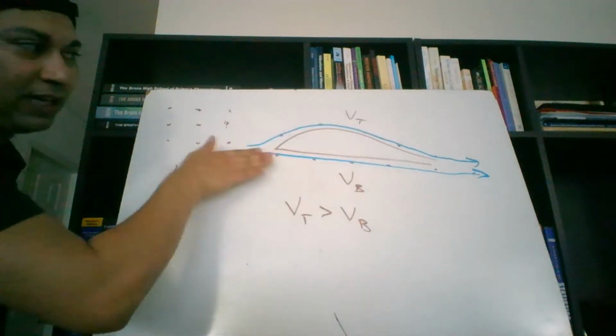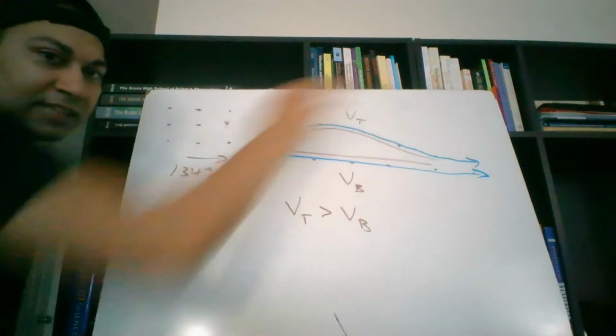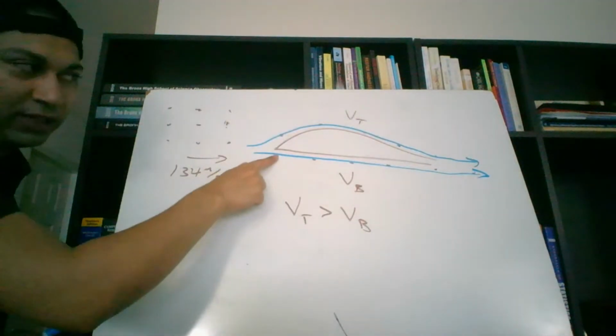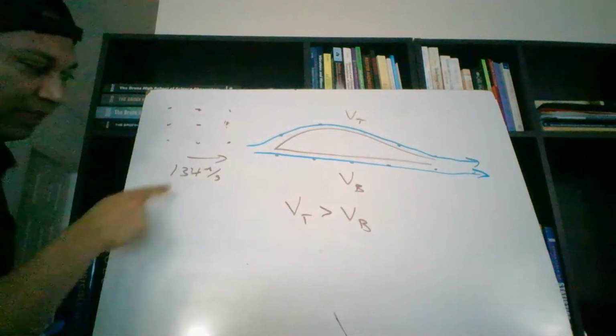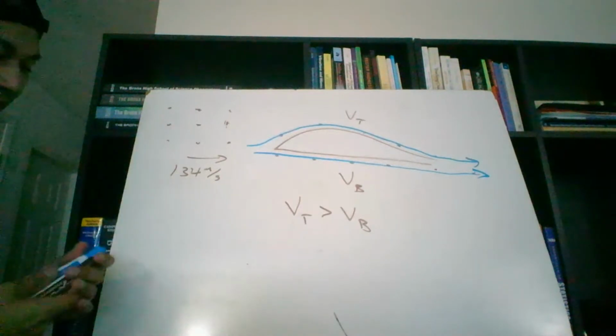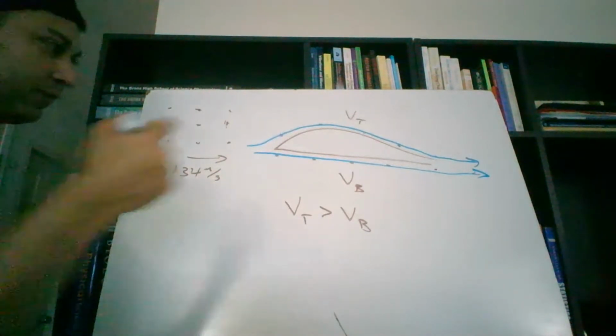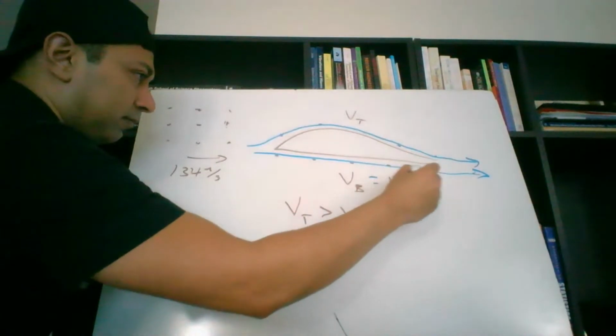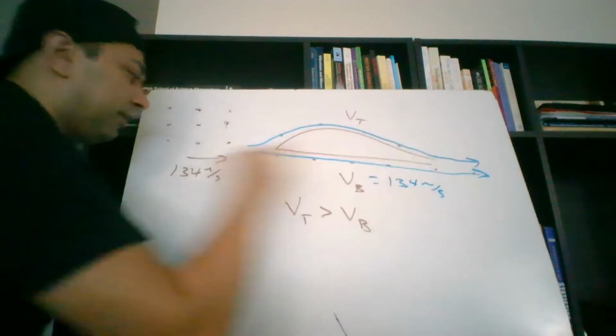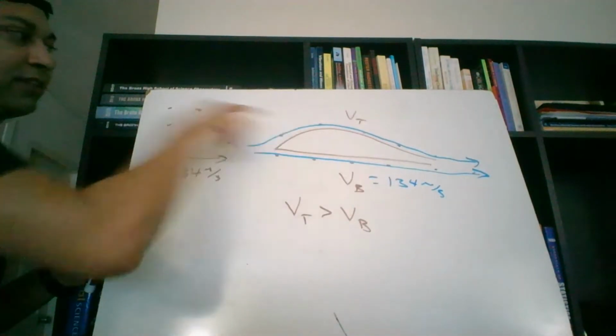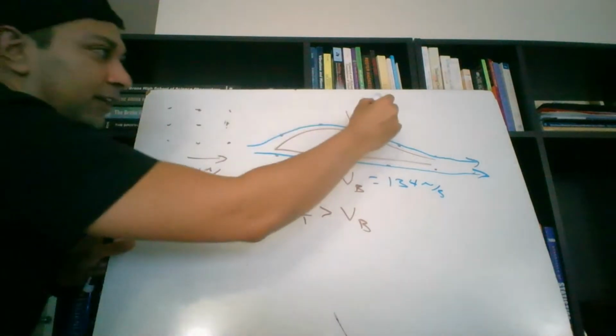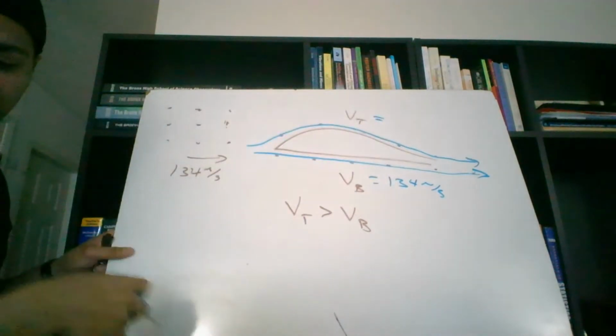But this is what it's going to look like. And so you've got the velocity going this way, and you've got the velocity going this way. And the wind velocity down here is going to be some value, let's call it 134 meters per second, because that doesn't change. But the speed on top, because it's intersecting and it has to go to the top, is going to be a higher speed. And we're just going to make this up.